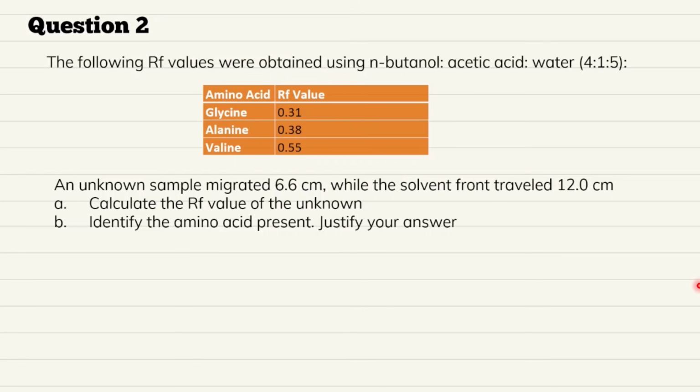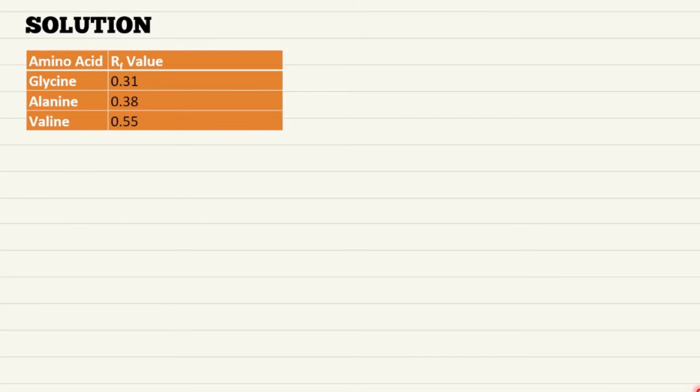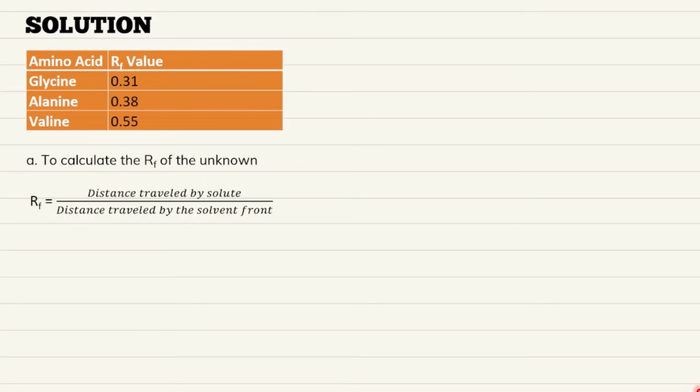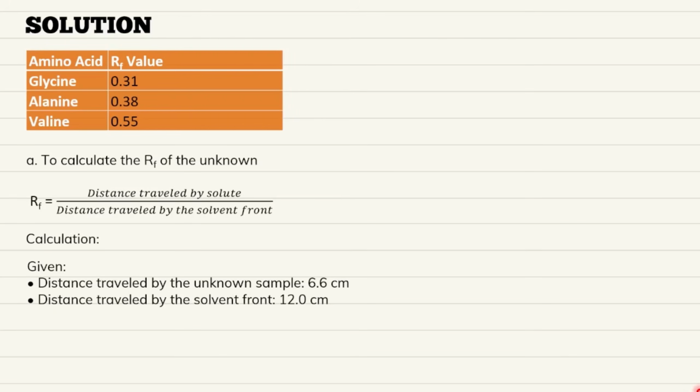Now, if you recall from the paper chromatography video, one of the uses of paper chromatography is in the identification of an unknown solute, and this is a very good example of that. So let's go straight into it. These are the RF values of the different amino acids. To calculate the RF value of the unknown, we use the same formula: distance traveled by solute divided by distance traveled by solvent front.